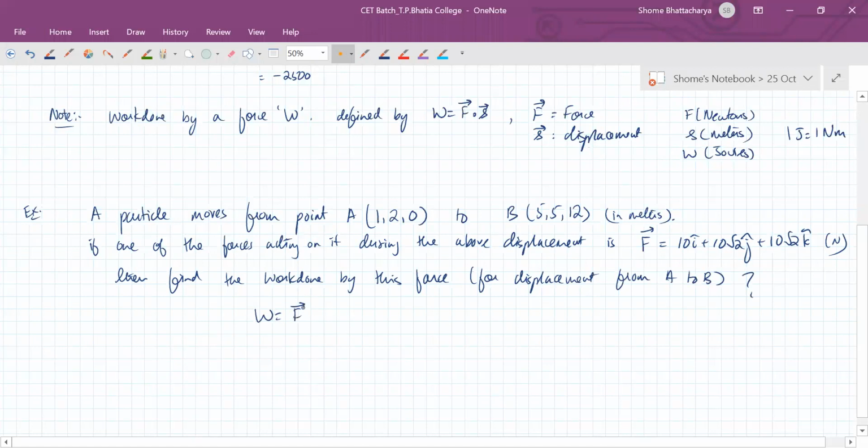Use this definition. Okay. So force is given to you directly, but displacement you have to calculate from the coordinates given A and B, and then you have to calculate the dot product.